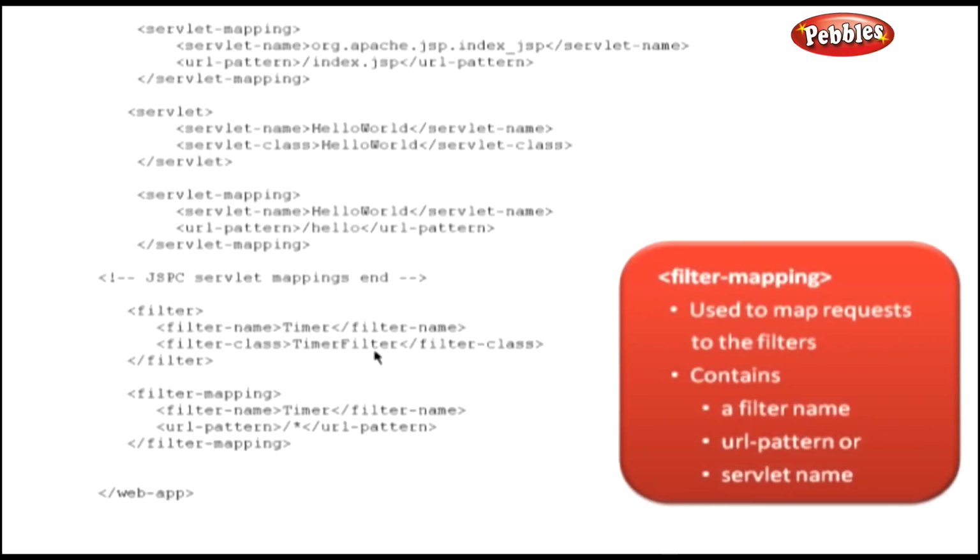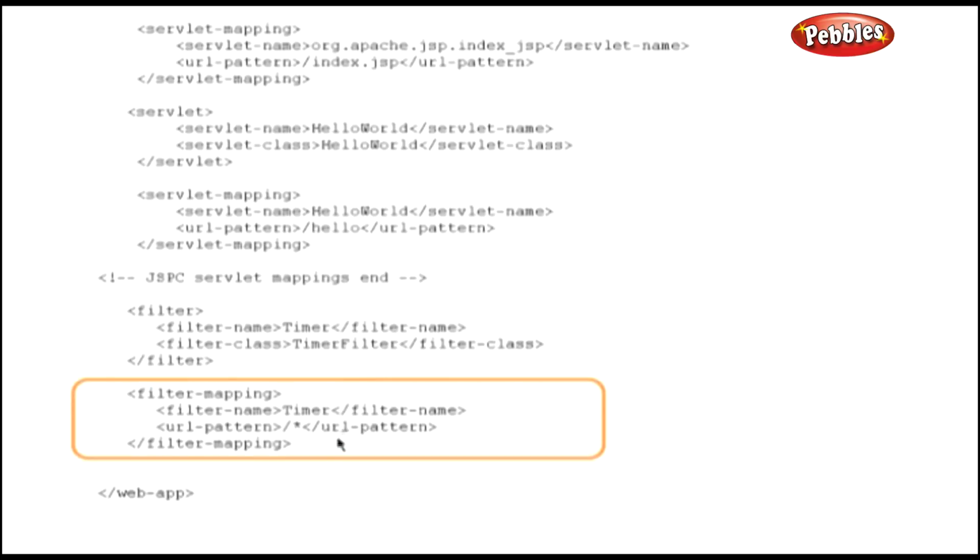The filter-mapping element in the web.xml file is used to map requests to filters. The filter-mapping element contains a filter name and either a URL pattern or a servlet name, i.e., the filter mapping is done through a servlet name or through the URL pattern. The filter mapping for the above filter will be like this.